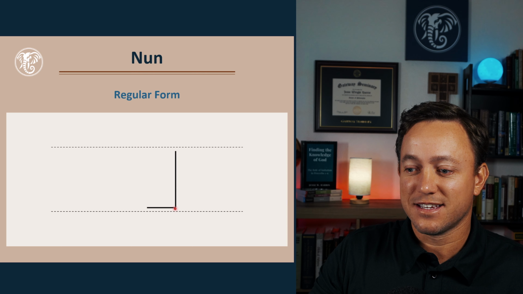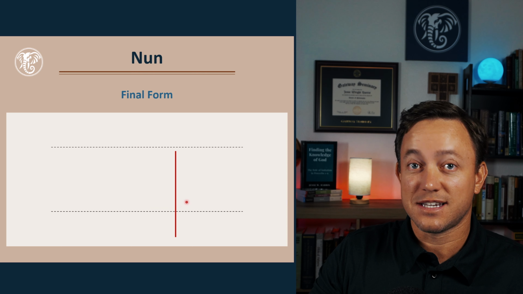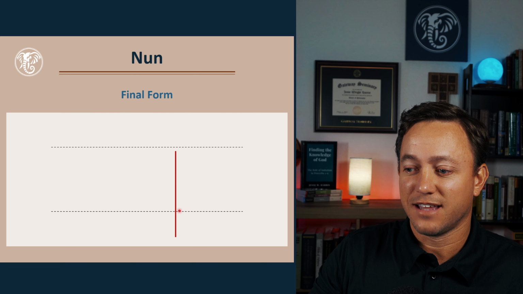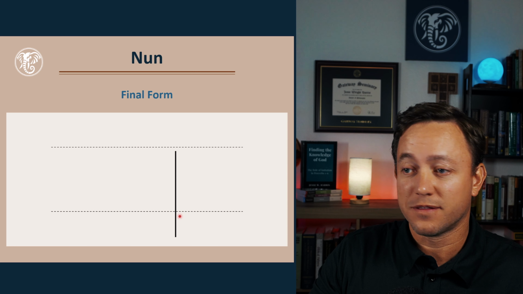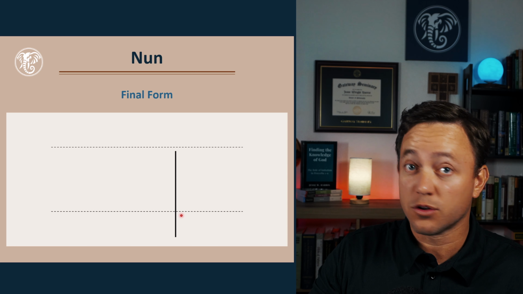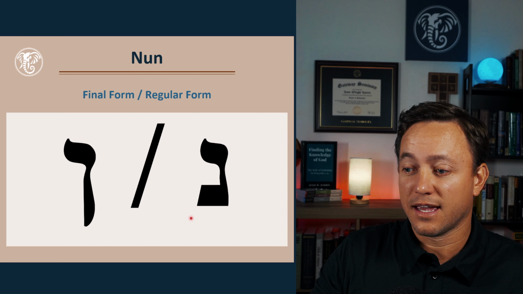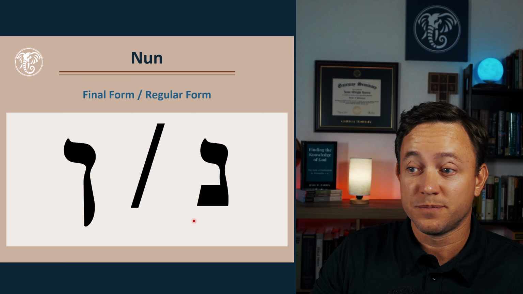So they look like this. And then when they want to stop a word, as the Flintstones did their car, they have to stick out that foot and stop the car. And so you'll see this is fairly common with these final form letters. The only one that doesn't do it actually is the Mem. So that is our final form of the Nun and our regular form of the Nun.